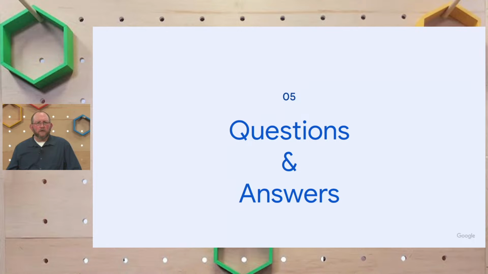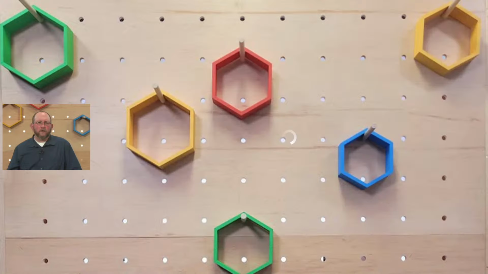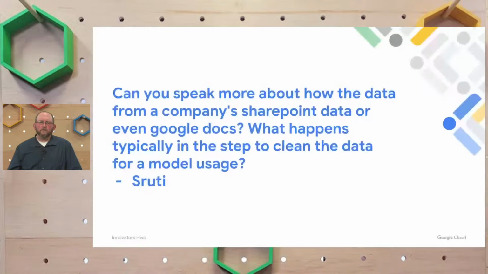Next question, can you speak more about how the data from companies, SharePoint or Google Docs, what happens typically in the steps to clean the data for model usage? So typically what would happen is, as the data comes in, the format of the file needs to be changed to something that is consumable.